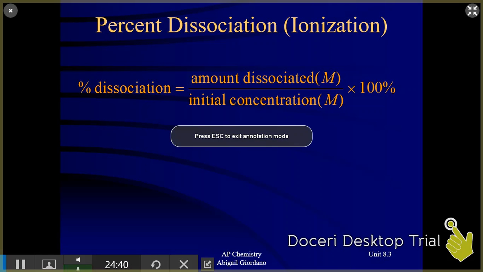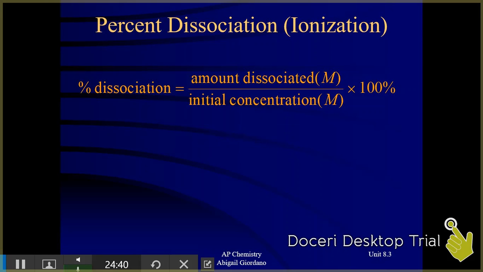This looks more complex than it really is. Percent dissociation is equal to the amount dissociated over the initial concentration times 100. Well, guys, guess what? This term, amount dissociated, if you did an ICE table for your weak acid, what's in the numerator is X. When you solve for the intersection in your calculator for X, that's what goes in the numerator.